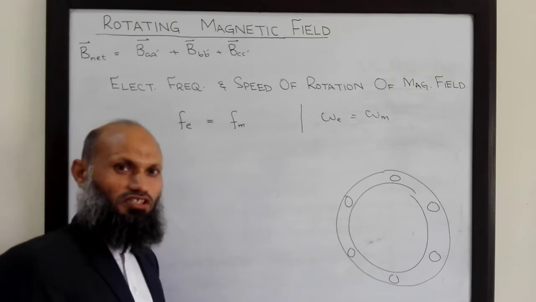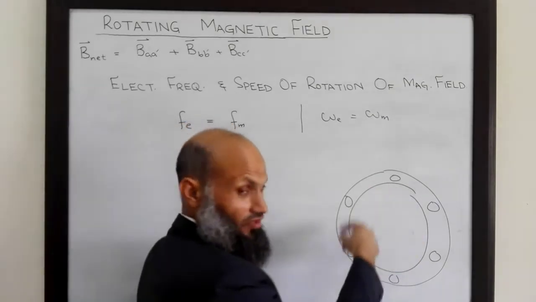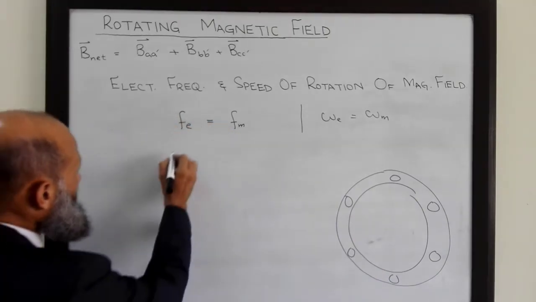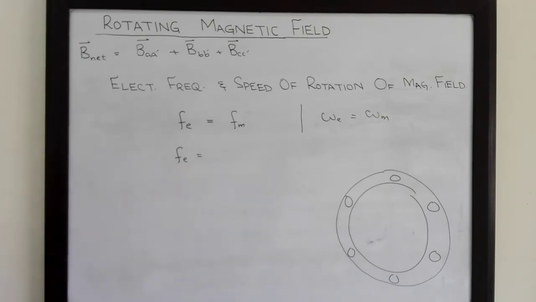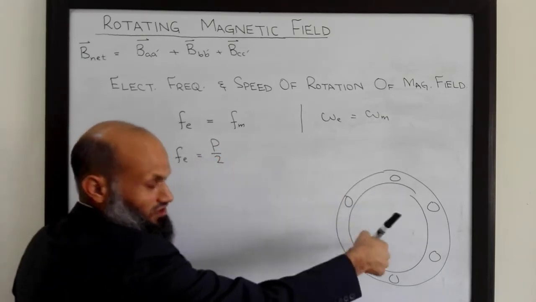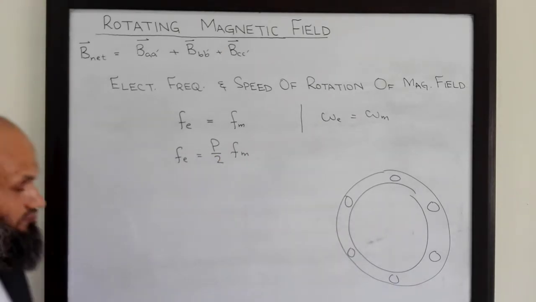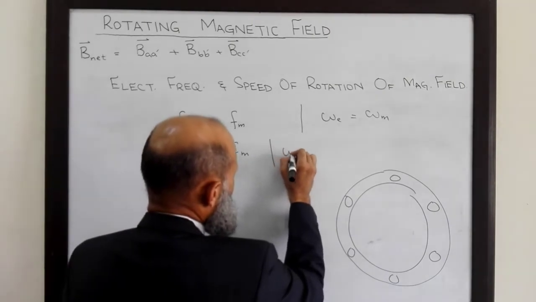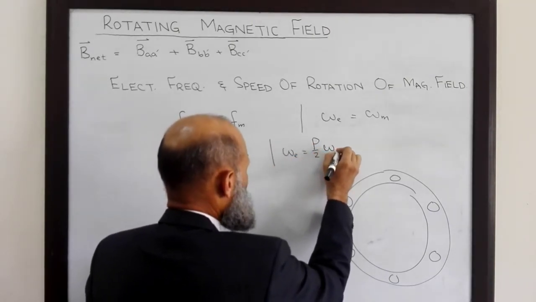Number of poles will be equal to the number of sets of three-phase windings. So in general, we can say that the electrical frequency is the number of poles in the stator divided by 2 multiplied by Fm, and likewise omega E is equal to P by 2 omega m.